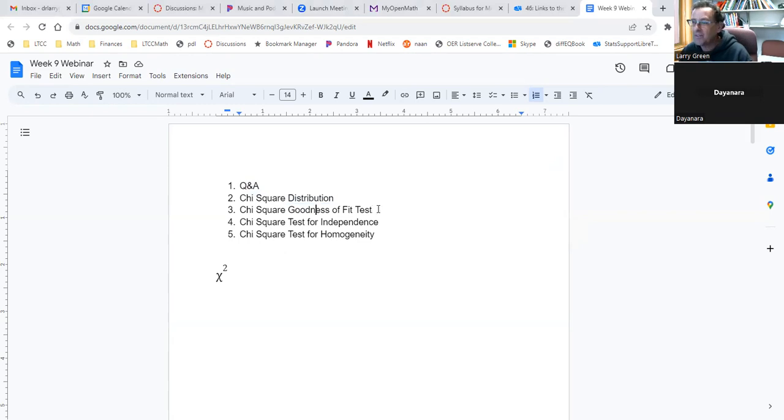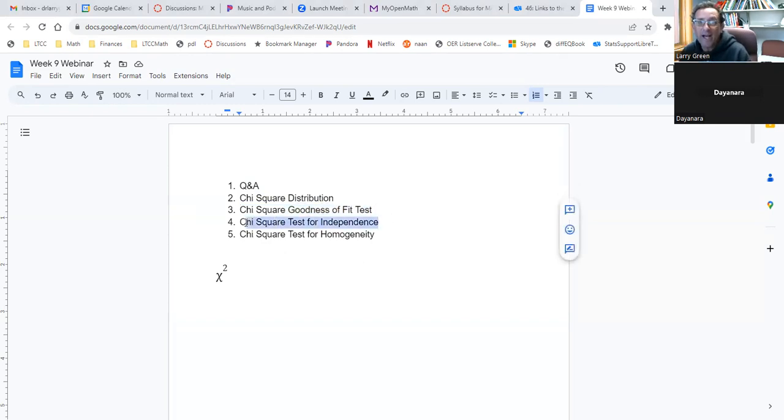And it's going to be used to do some different hypothesis tests. And the first one we'll look at is the chi-squared goodness of fit test. And that's going to be looking and seeing if one distribution fits another known distribution. So a distribution of something that you don't know, does that fit something that you do know?